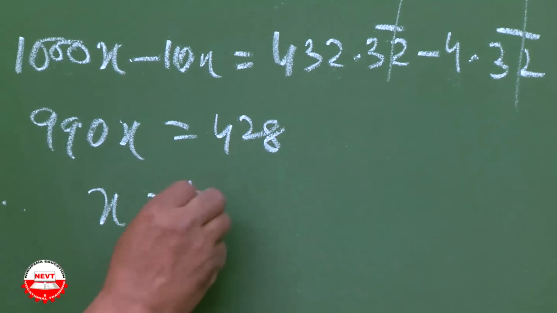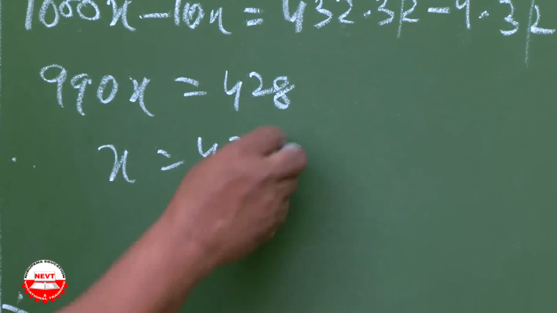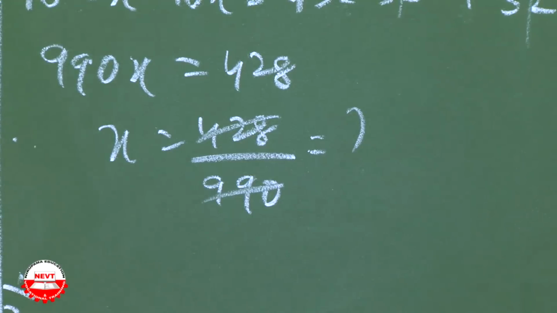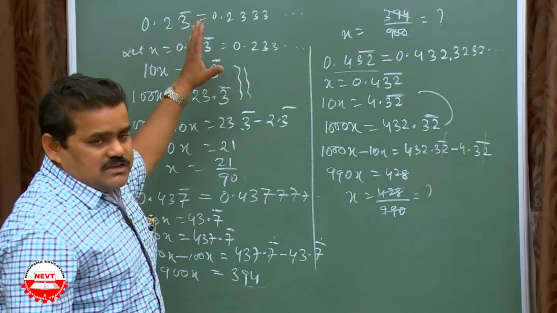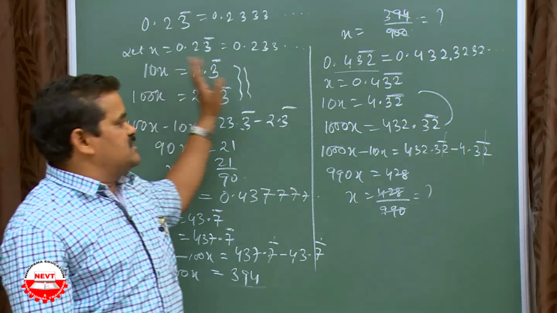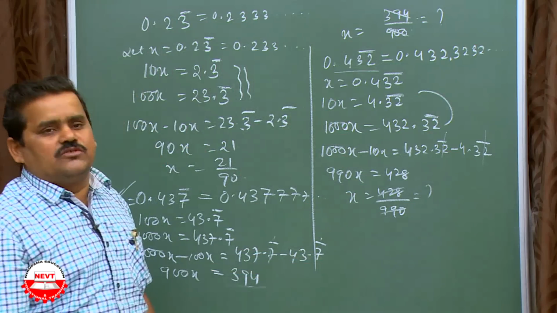So x is equal to 428 by 990. You got it. Simplify it by dividing by 2, and write the simplest form. Here you observe that all recurring decimals we convert into p by q form.